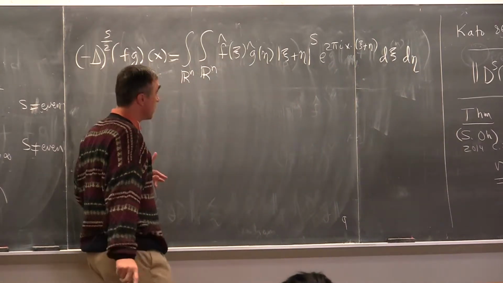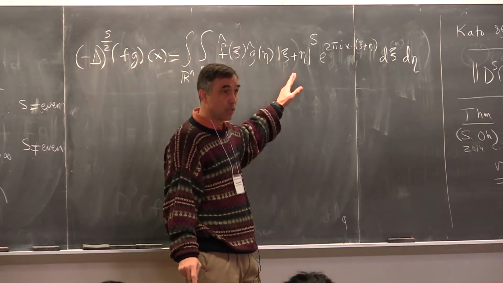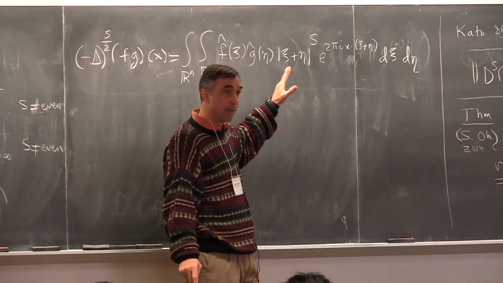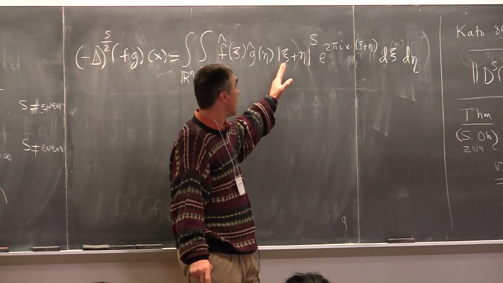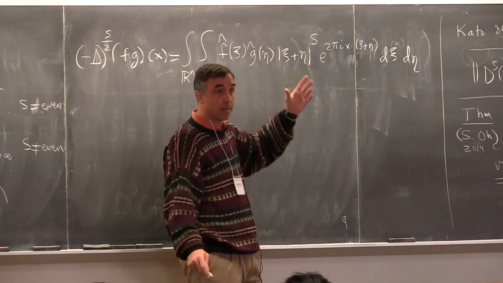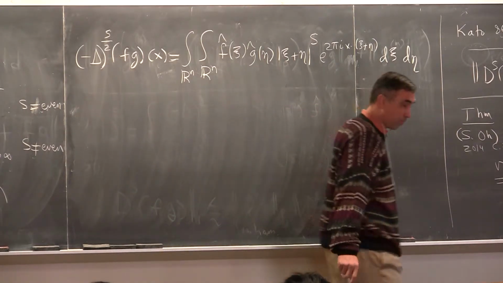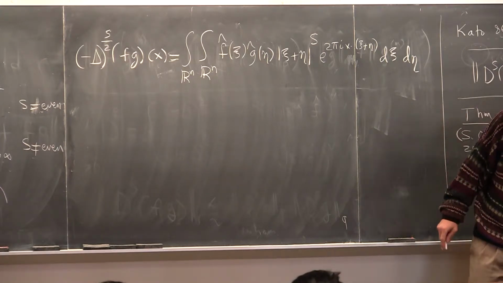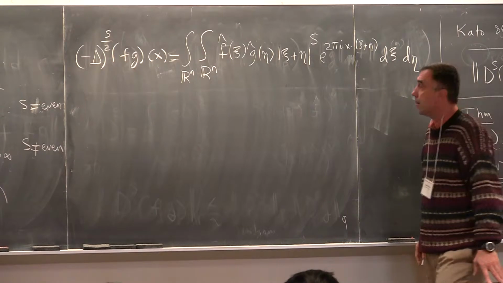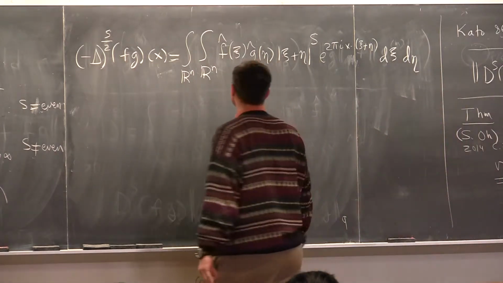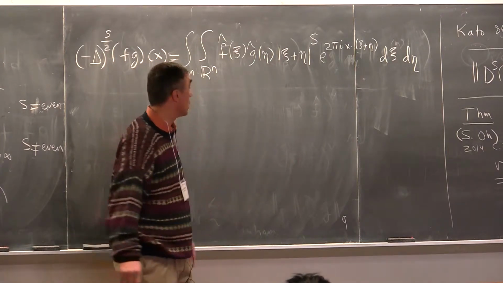And you see now why there's a difference. If s is an even integer, this is going to be actually a nice smooth function. But if s is not, it's going to have a singularity of a certain order. Actually, we know exactly the order of the singularity when xi plus eta equals 0. So just to think of this, maybe it brings some signal processing language.